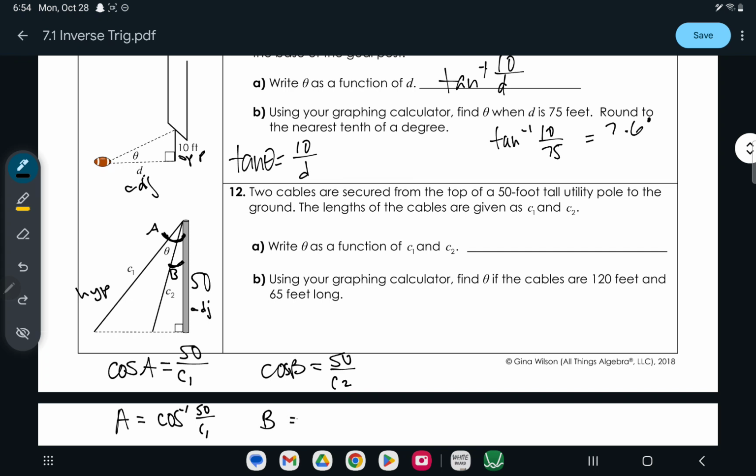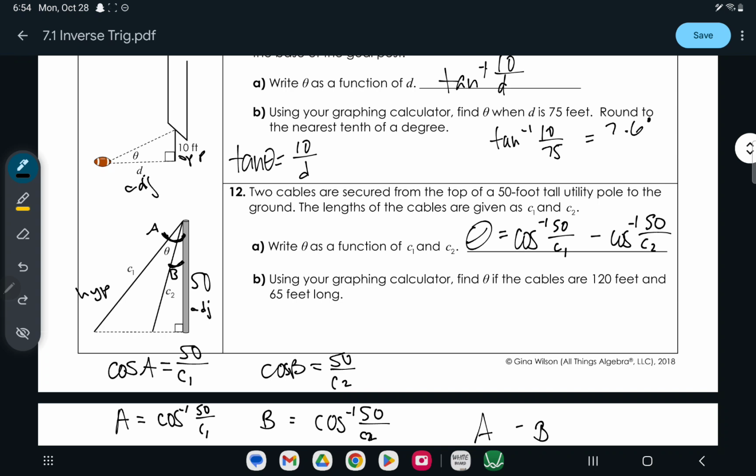So B is cosine -1 50 over C2. And then we just do A minus B. So theta is cosine -1 50 over C1 minus cosine -1 50 over C2.